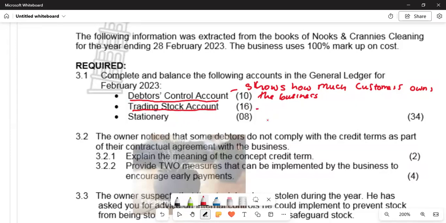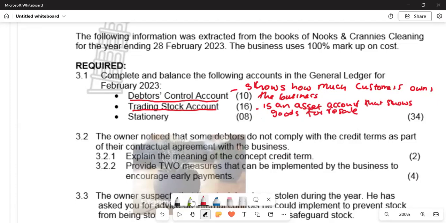Trading stock is an asset account that shows goods for resale.